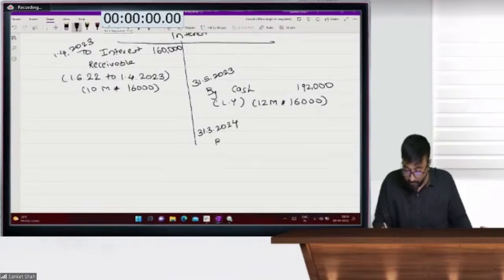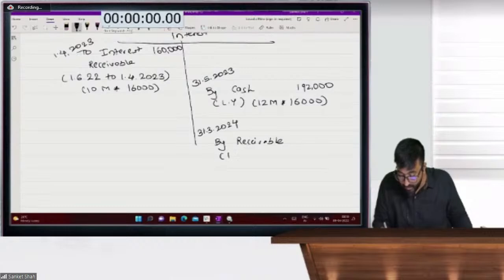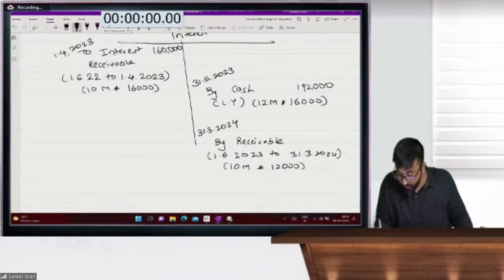2024, by receivable. For how many months? Now this is from 1st June 2023 to 31st March 24. So you are getting it for 10 months multiplied by 12,000, 1,20,000.